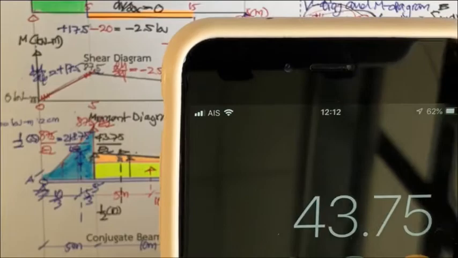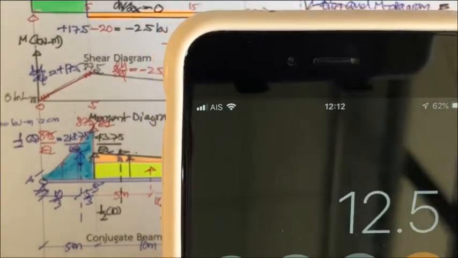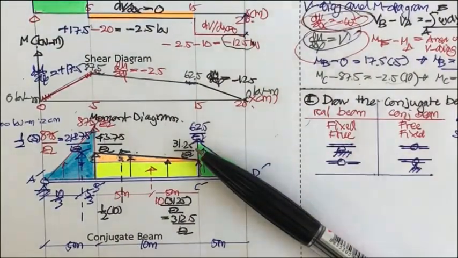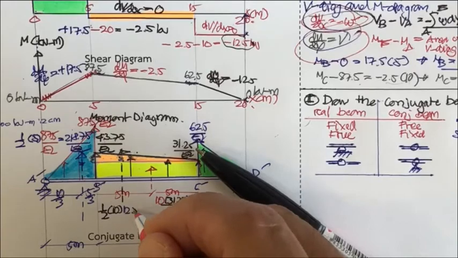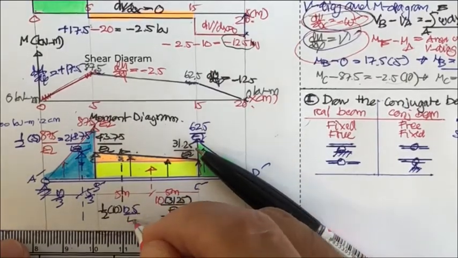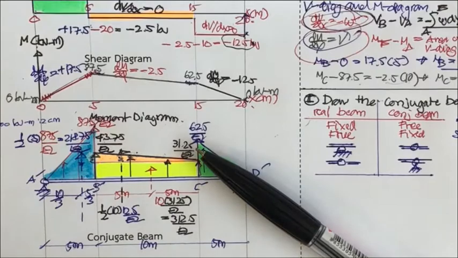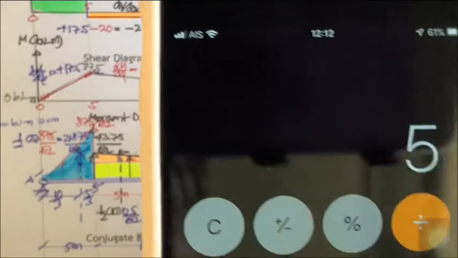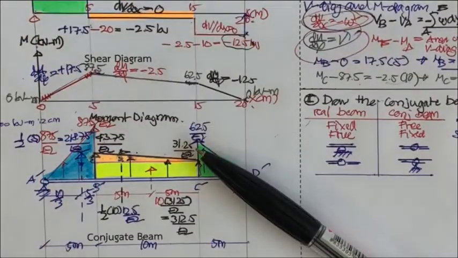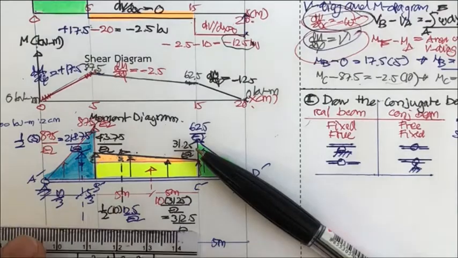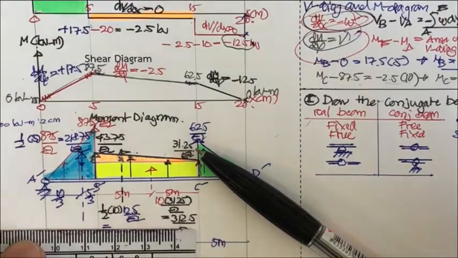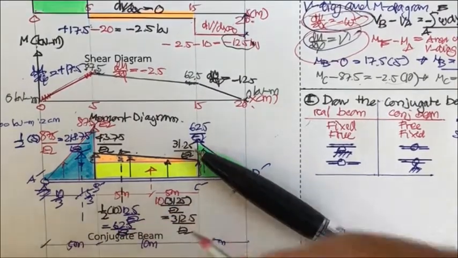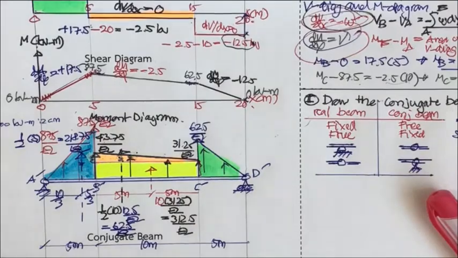That is going to be 12.5 over EI, that is 12.5 divided by EI. And then if you push it, it's going to be 12.5 times 5. That is going to be 62.5 divided by EI.